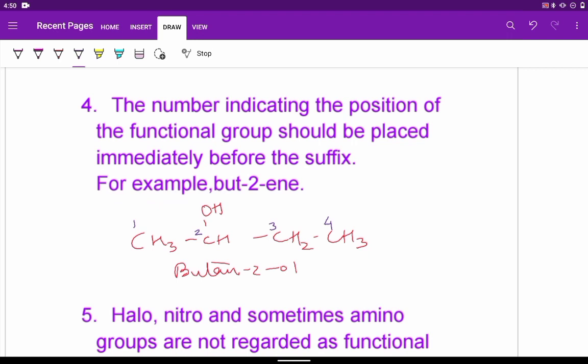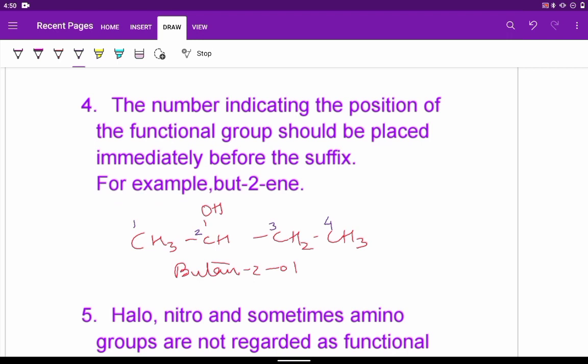So still butanol-2 or 2-butene are very widely used. You may find them in many places. It will take some time to totally replace all these, but as per the latest convention used by IUPAC, it should be butan-2-ol.